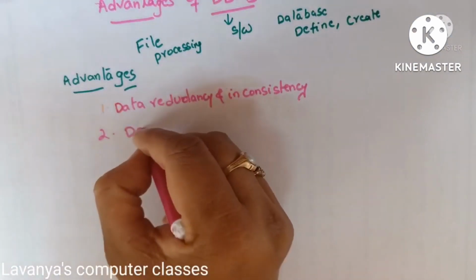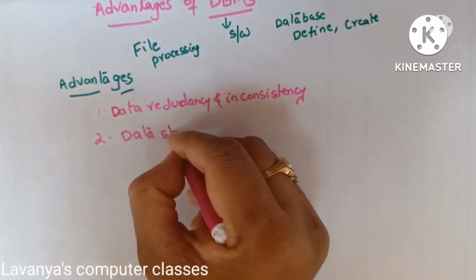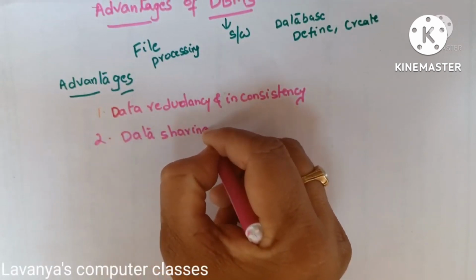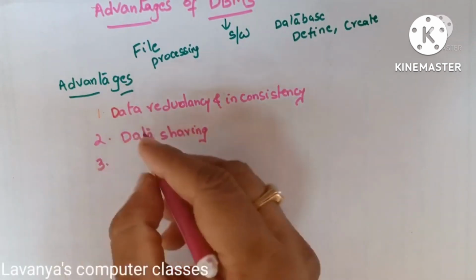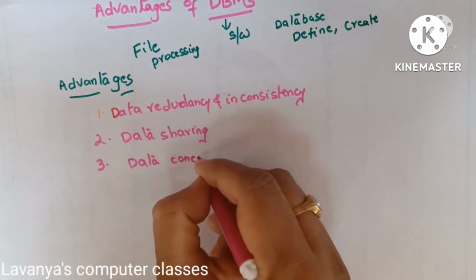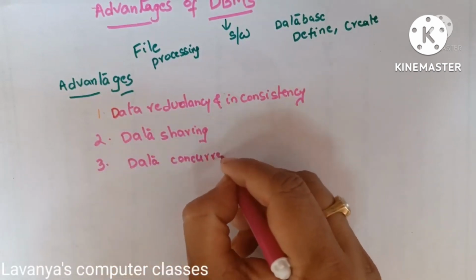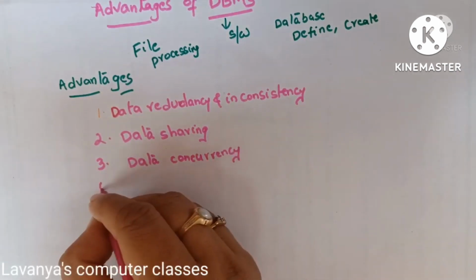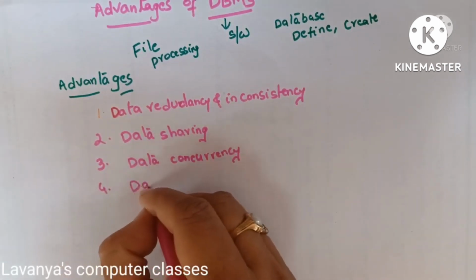Next, improving data sharing. Next, data concurrency. Fourth one is data searching.